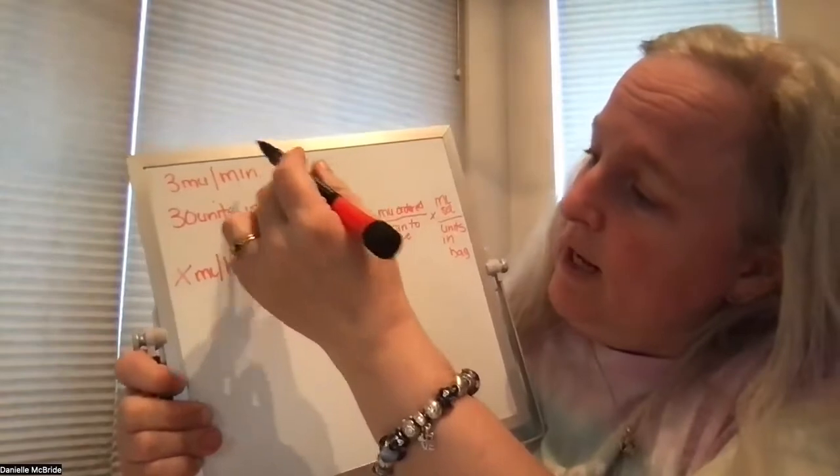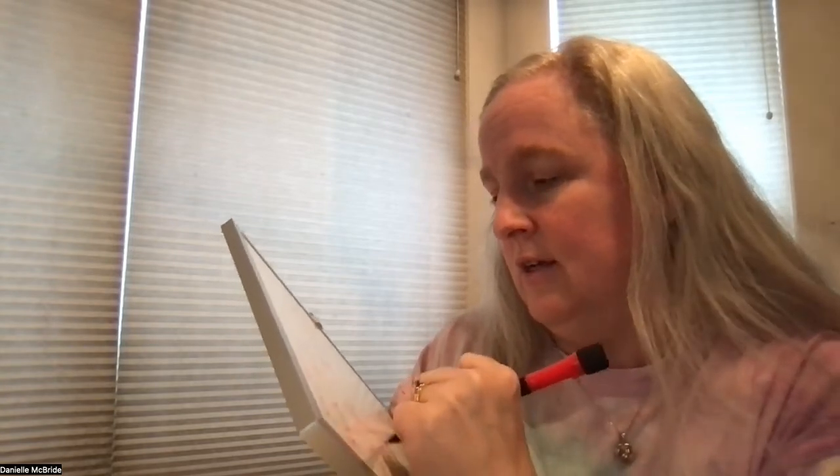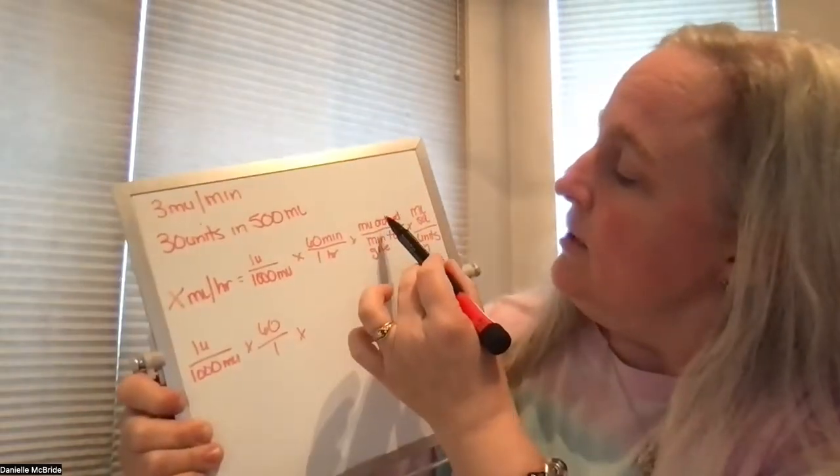So for this one, we're going to do 1 unit over 1,000 milliunits times 60 over 1 times milliunits ordered.